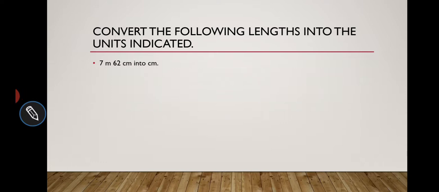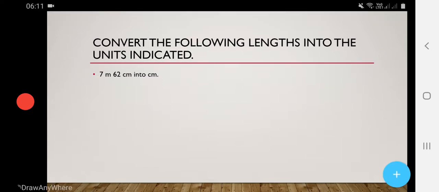Here, what is written? 7 metre 62 centimetre into centimetre. Now, what do I have to do? What do I know? 1 metre is equal to 100 centimetre.